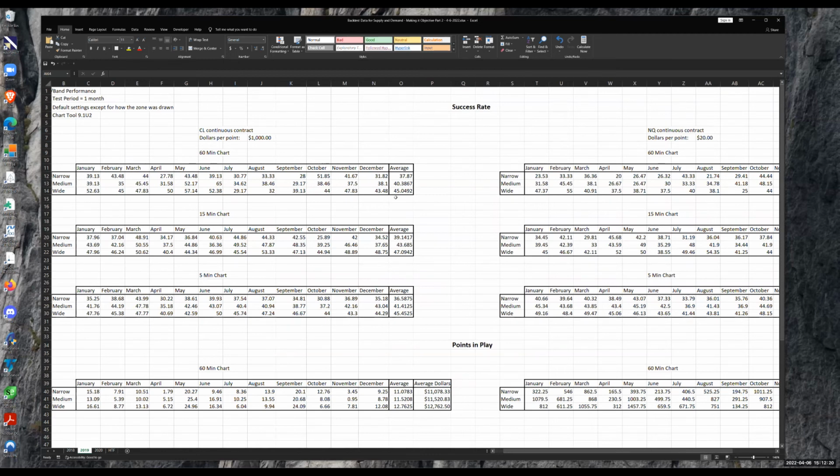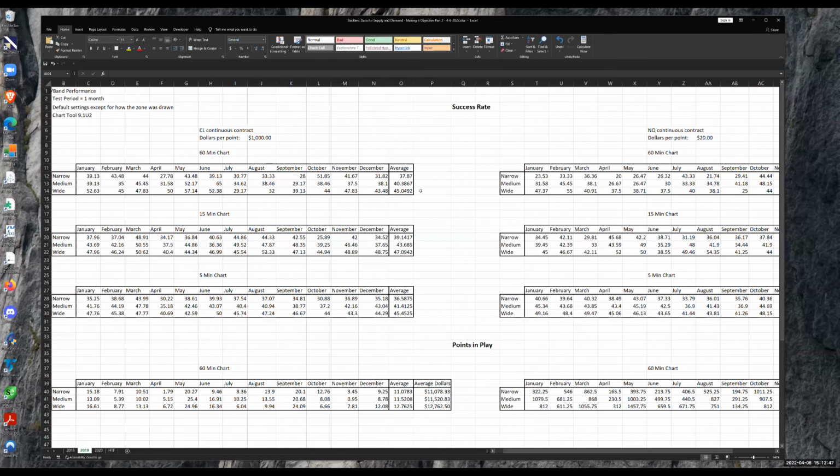And again, if we look at oil, not a lot of difference from what we saw for 2018. And as we go down to the 15, this time around, we see the 15 outperforming the 60, but not by very much. Again, the differences are pretty small overall.